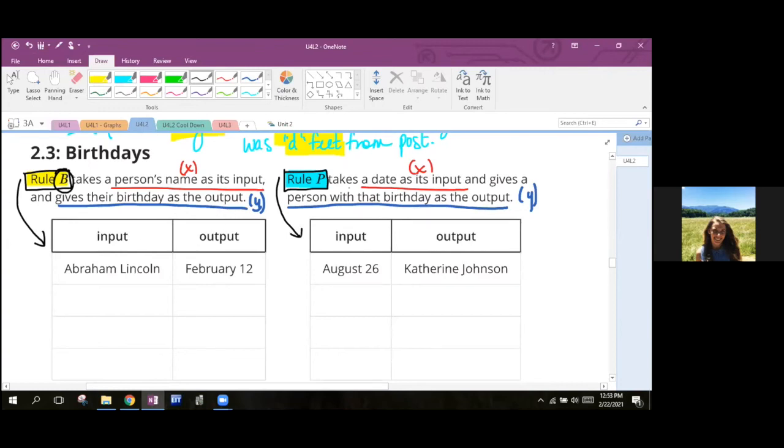This first one is B. This second one is P. They've given you an example for table B already. For my input, the person's name, they gave you Abraham Lincoln, and the output was February 12th.